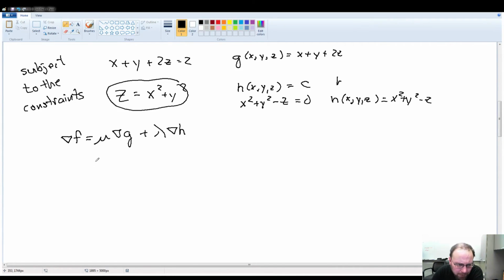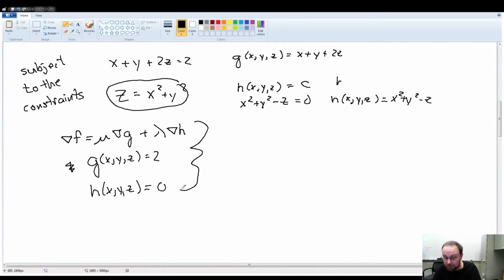Oh yeah, and our constraints, of course. Sorry. We also need to satisfy our constraints. And this is not necessarily an easy problem, because it could be a complicated system. But let's do it.